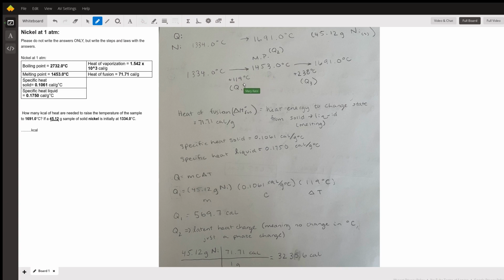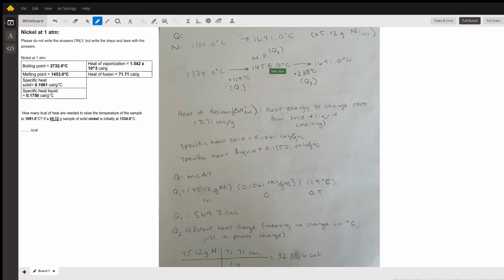And that's going to be a temperature change in the solid form because our nickel begins in solid. So to do that, we're going to use that Q equals MCAT method. We'll get to that a little bit later. And we're going to be using a specific heat solid of 0.1061 calories per grams times degrees Celsius, because our nickel is in solid form here.